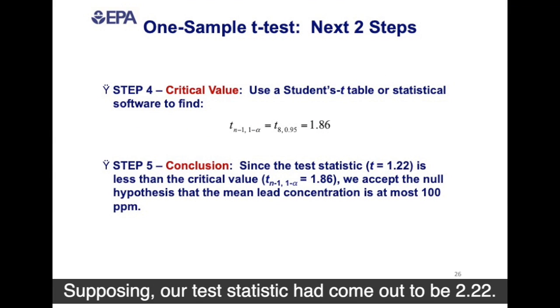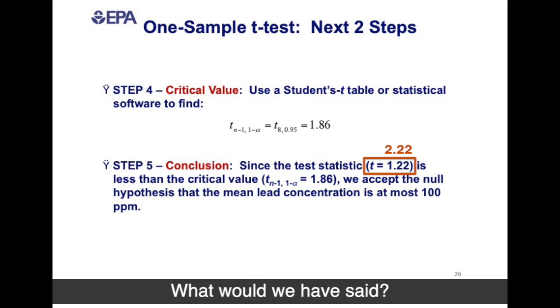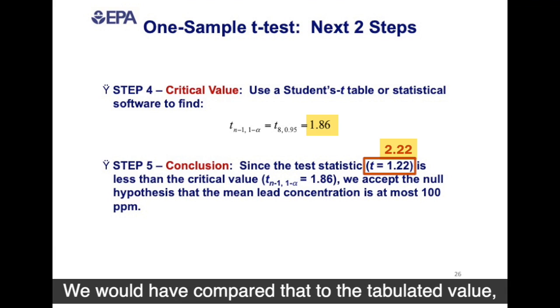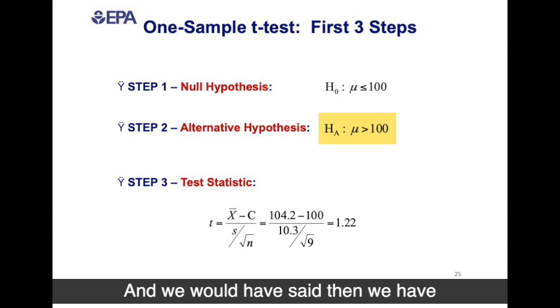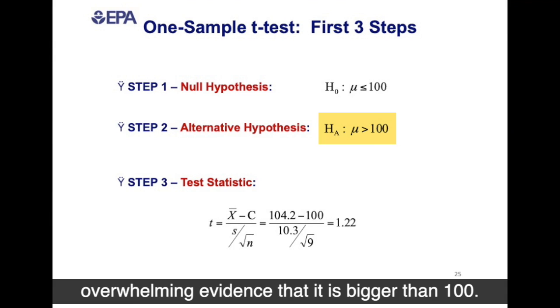Supposing our test statistic had come out to be 2.22, what would we have said? We would have compared that to the tabulated value, and because it's bigger, we would have rejected the null hypothesis, and we would have said then we have overwhelming evidence that it is bigger than 100.